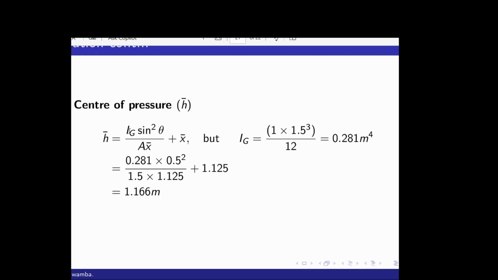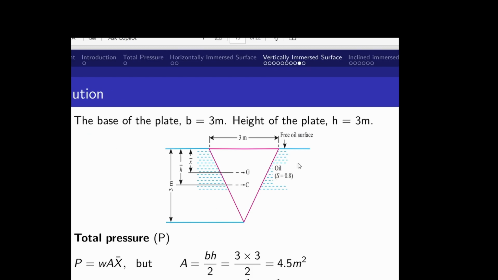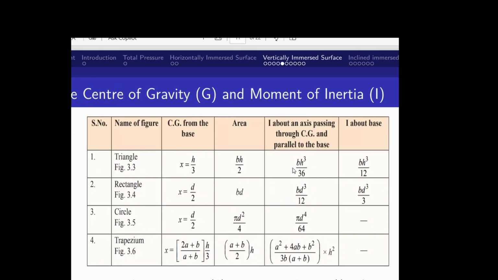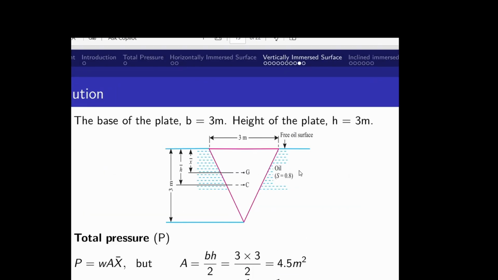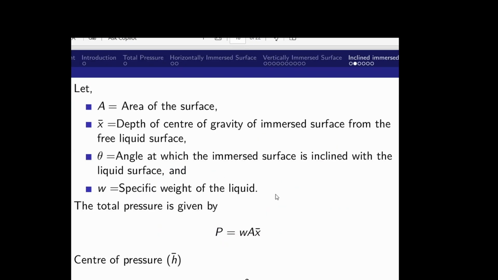For the moment of inertia of a rectangular figure, you go back to the table. For a rectangular figure, the moment of inertia is BD cubed over 12.